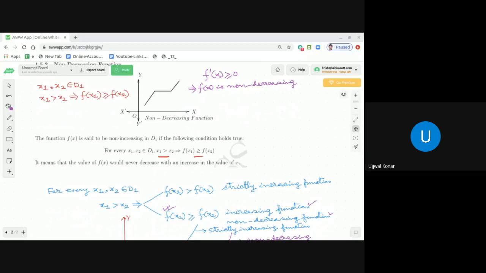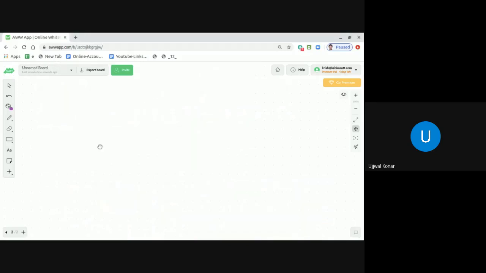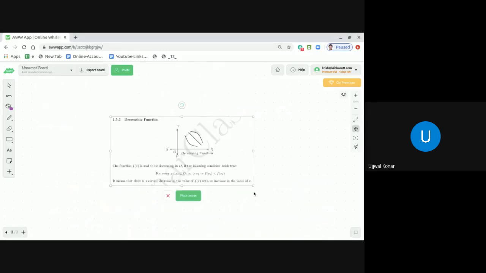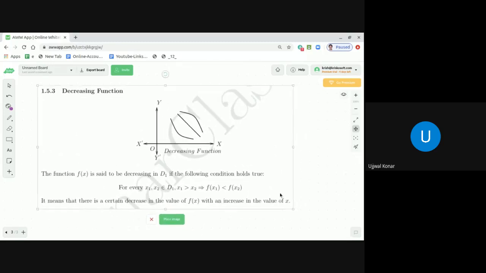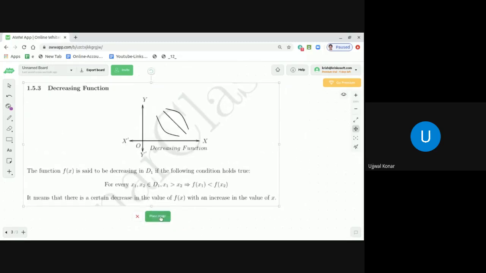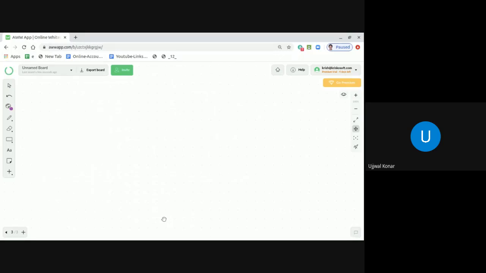Next, what we are going to discuss, dear students, is called a decreasing function. So what is a decreasing function? Let me take you to the next page and explain. Decreasing function is the reverse of the increasing function.